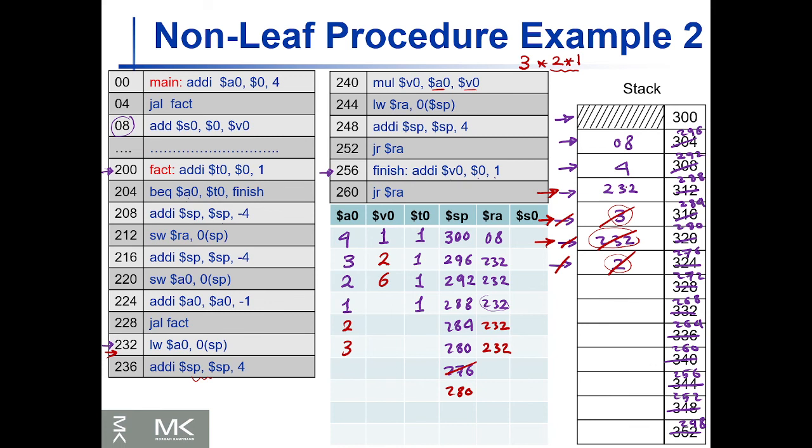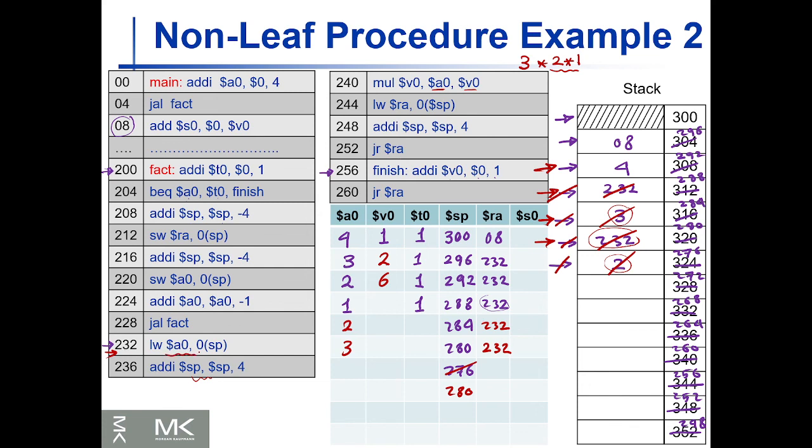And add SB 4, so this is overwritten. Now we are pointing to 292. We jump register RA, so we're gonna go back to 232 again here.